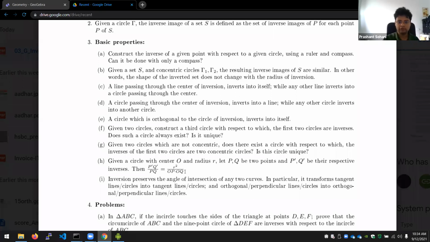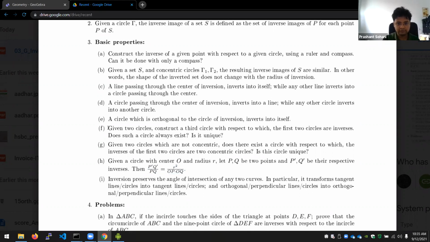So you can work it out. One of the consequences of this formula you will see is the orthogonality. If the original circle is orthogonal to the circle of inversion, then you will see that R square equals OP into OQ. So there is no inversion happening at all. But apart from that, I think we have done everything.